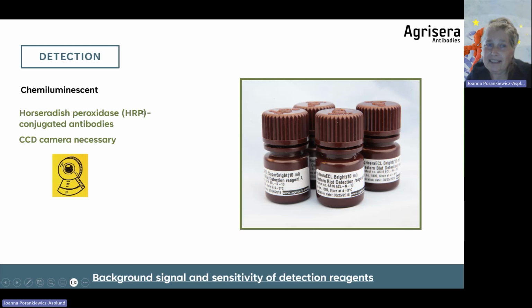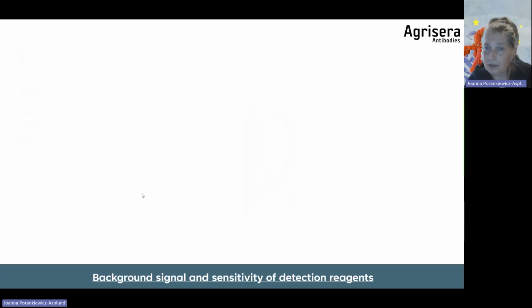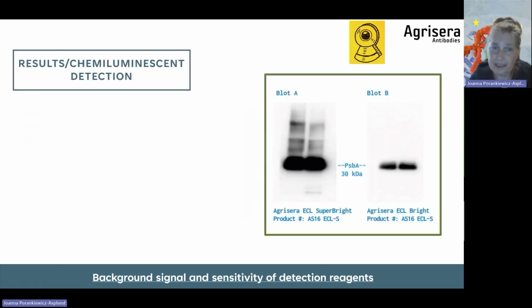In chemiluminescent detection, we need to use the secondary antibody or primary antibody conjugated with enzyme horseradish peroxidase, and we need the CCD camera to visualize the detection. And here there is an example. It's often that too sensitive ECL is used, and therefore the background signal is increasing.